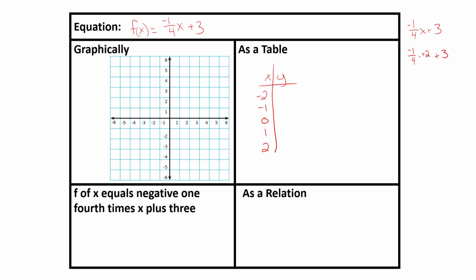Well, -1 times -2, that's positive. That's going to give me 2/4, which is 1/2, plus 3. So now I have to make a common denominator. So 1/2 plus 6/2 equals 7/2.